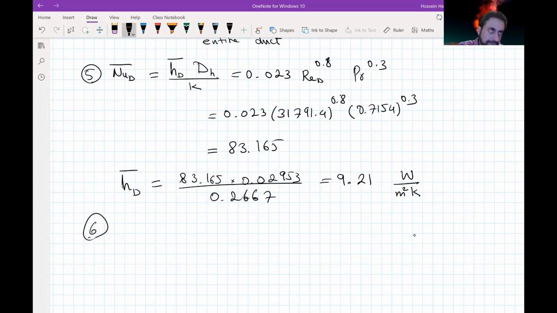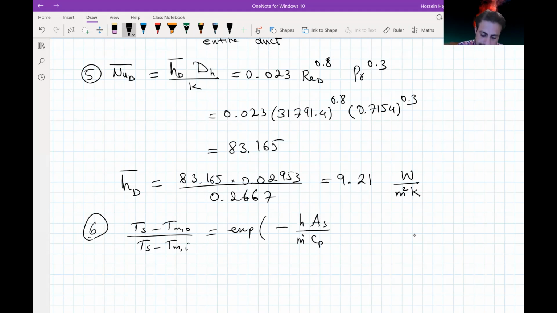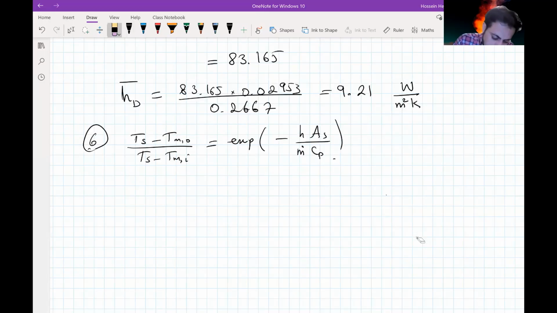The next step is to evaluate the outlet temperature. This is a duct with a constant surface temperature, so we know the ratio of the temperatures: (T_s minus T_m,o) over (T_s minus T_m,i) is the exponential of minus h A_s divided by m dot Cp. m dot is rho times the volumetric flow rate V dot.